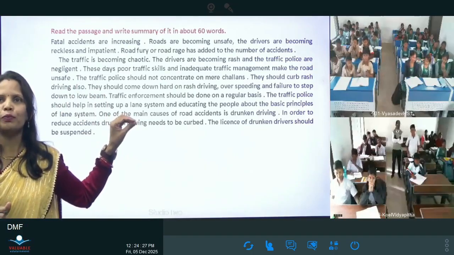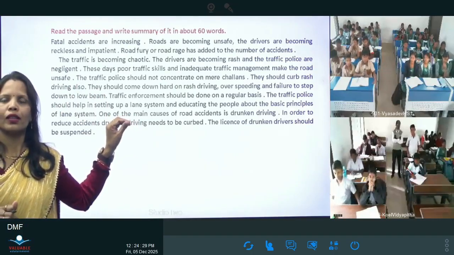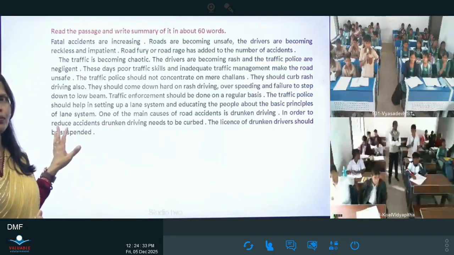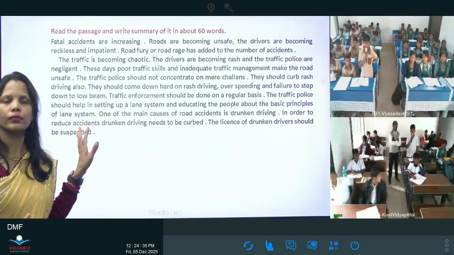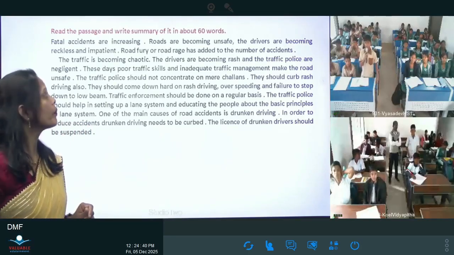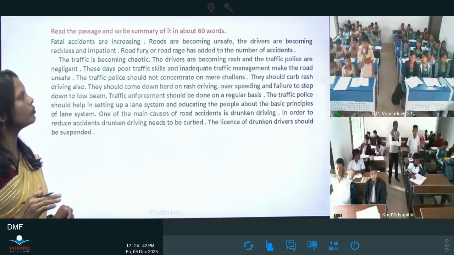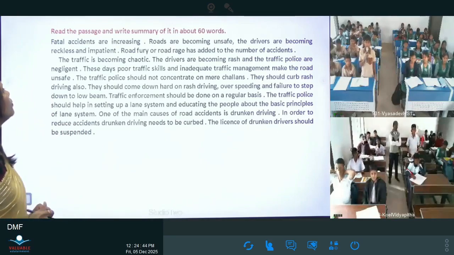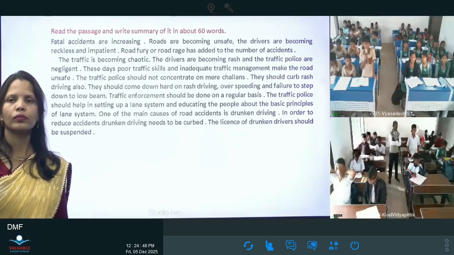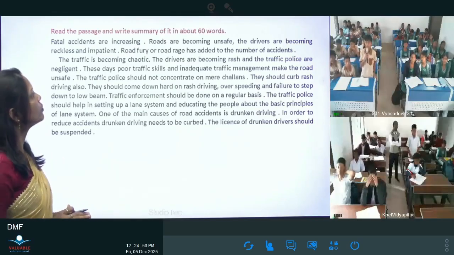So who wants to read? Okay, good. Yes. Fatal accidents are increasing. Roads are becoming unsafe. The drivers are becoming reckless and impatient. Road fury or road rage has added to the number of accidents.